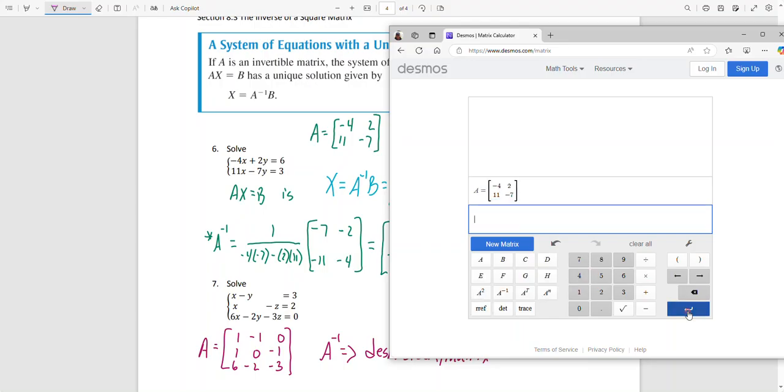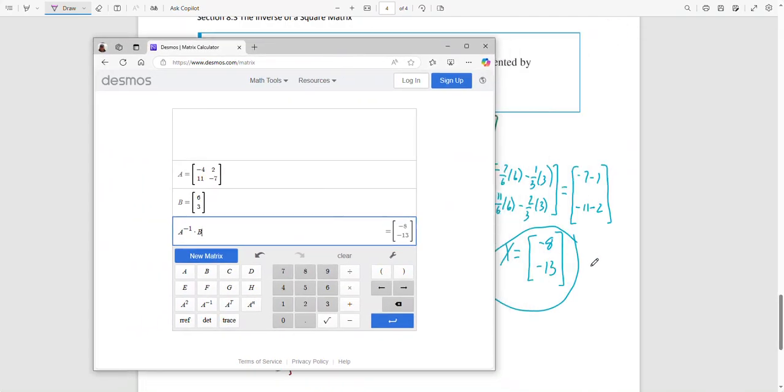All right, so we have our matrix A. I want a new matrix, B. B has 2 rows, 1 column, and it is 6, 3. So now what I want is A inverse times B. Well, looky there. Negative 8, negative 13. We did the operation right, and we can check our work using Desmos.